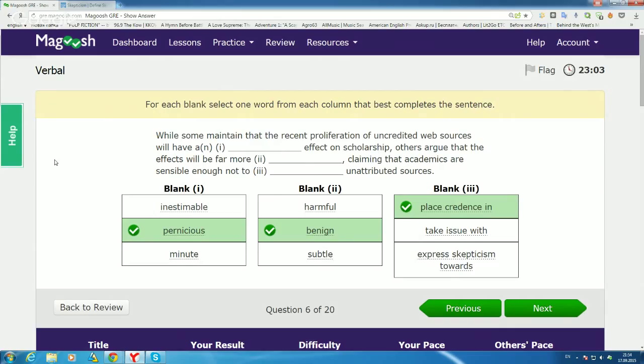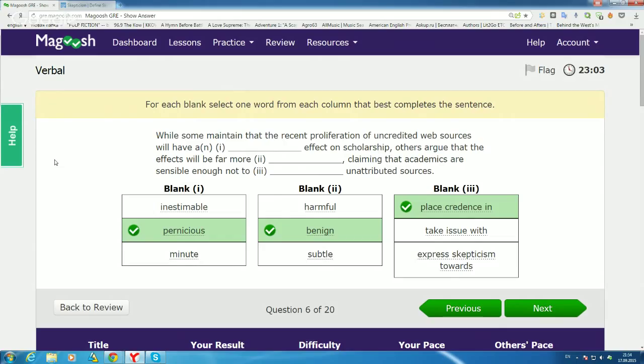In the sentence, the effects here implies the effects from the first section. So we know that it's negative because they established what the effect was in the first section. But the word subtle doesn't mean positive or negative, it just means a small amount.